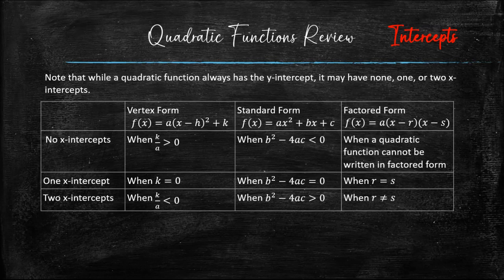So, for example, when your graph is given to you in factored form, you should know that you will have only one x-intercept when r and s are the same, or in this case, when the discriminant is equal to 0, or in this case, when k is equal to 0. So these are just different sides of the same coin, and you should be able to see this analytically. However, if you need more details on any of this, please let me know.